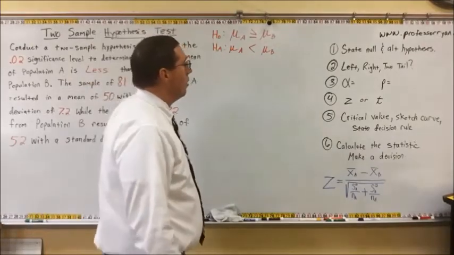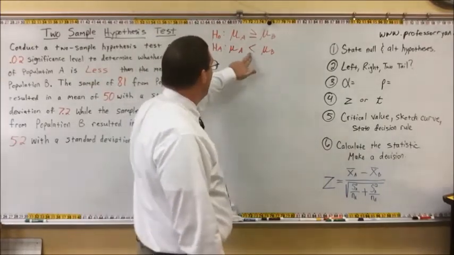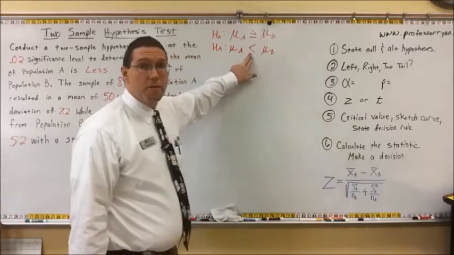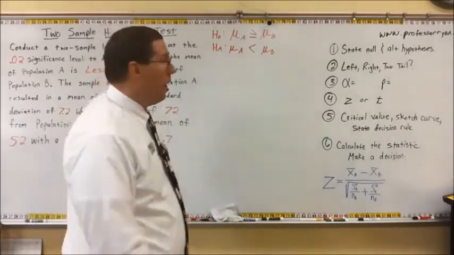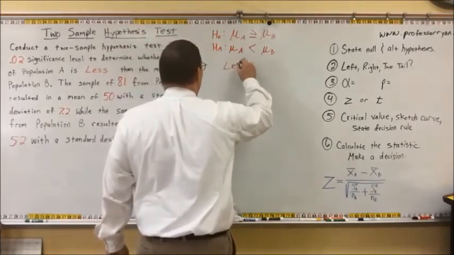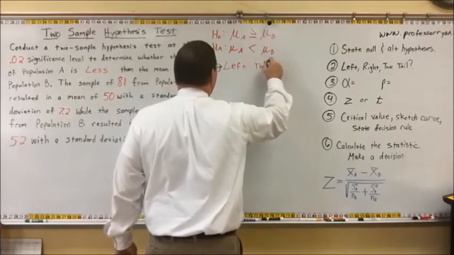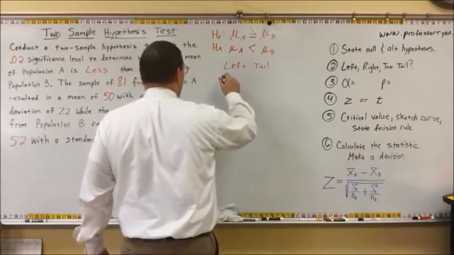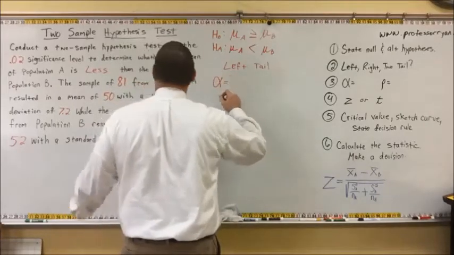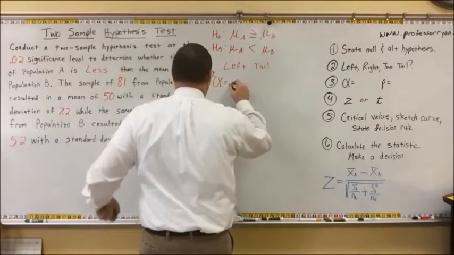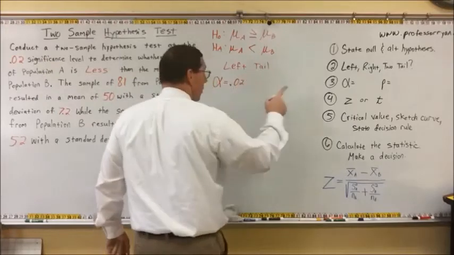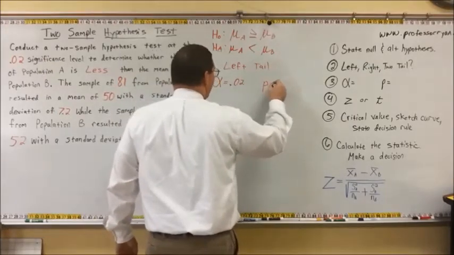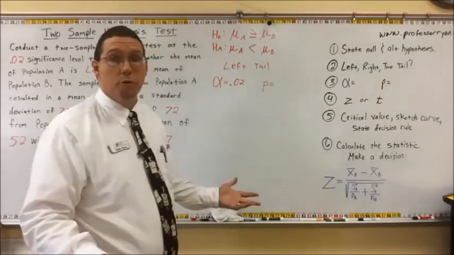Is this a left tail, a right tail, or a two-tail test? Well, the alternative hypothesis is less than, so this is a left tail test. Left tail. Step 3, our significance level, our alpha, is given at 0.02, and our p-value for a left tail test is equal to the alpha.